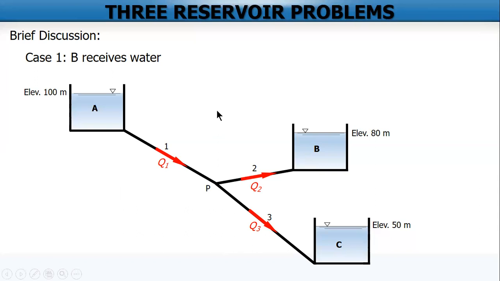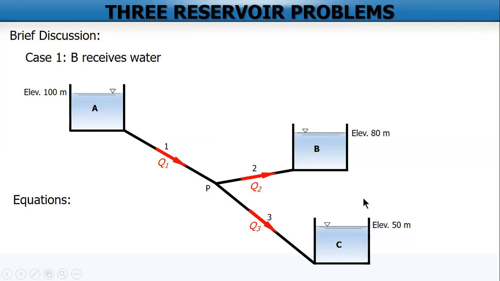If it were below 80, the hydraulic grade line would slope downward from right to left, which is not the case, because the flow is left to right. So therefore, the hydraulic grade line at P is located above 80.